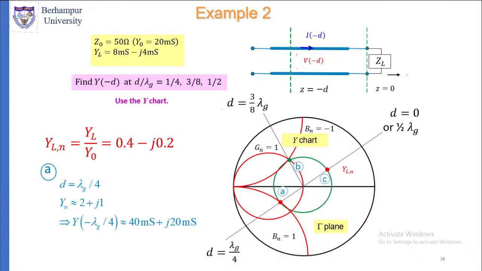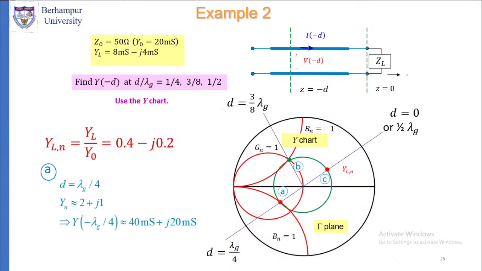So first thing is you normalize the admittance. So YLN is equal to YL by Y0. Find out what YL by Y0 is. That will be 0.4 minus J0.2. Then question number 1 is D equal to 1 by 4 lambda g. So D is equal to lambda g by 4.